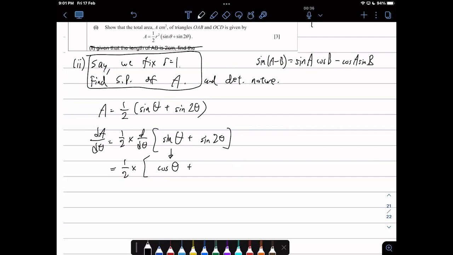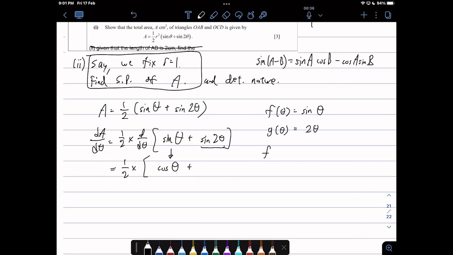But for sine of 2 theta, think of it as an outer function f of theta, that's sine, and a g of theta, which is 2 theta.